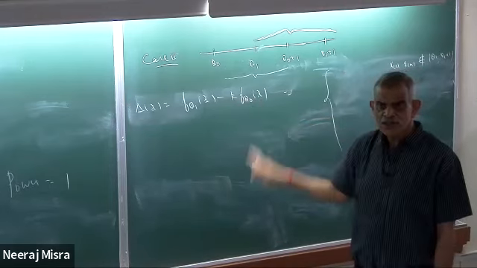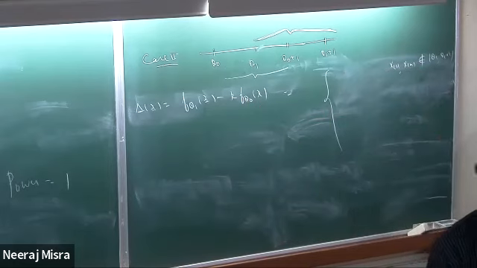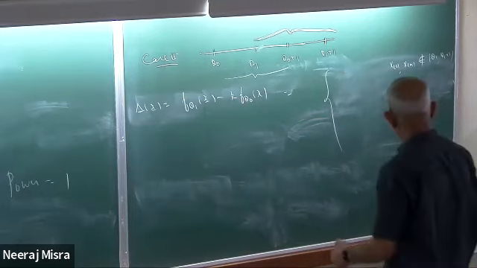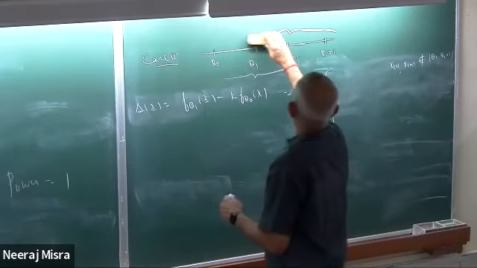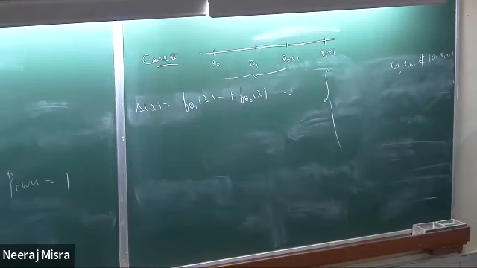This can also be 0 when it doesn't belong to theta naught and theta naught plus 1, but those cases I am not considering, because I would consider only when x1 and xn belong to either theta 1 to theta 1 plus 1 or theta naught to theta naught plus 1. See, what I'm trying to emphasize is, I have only two distributions, theta naught and theta 1. Either theta naught is true or theta 1 is true. So either x1 and xn both are between theta naught to theta naught plus 1, or both are between theta 1 to theta 1 plus 1. Then only they would be.